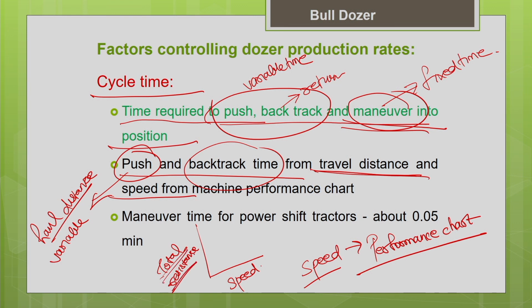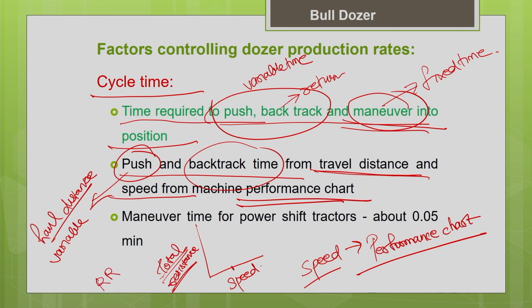Based upon the total resistance, you can find what speed is possible for that particular project condition from the performance chart. You can refer to the previous lecture for this information. Basically, if you know your project conditions, that means what is the total rolling resistance in your site.